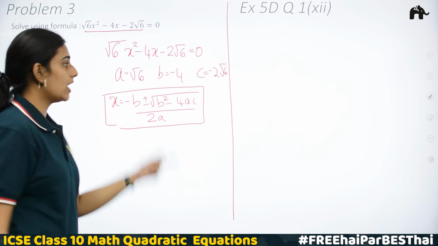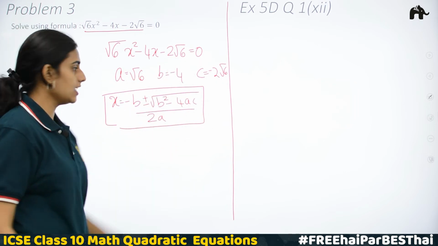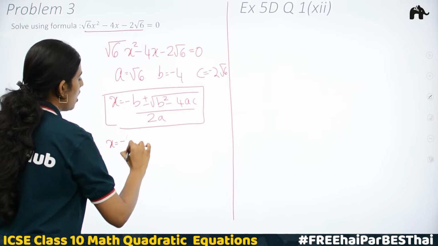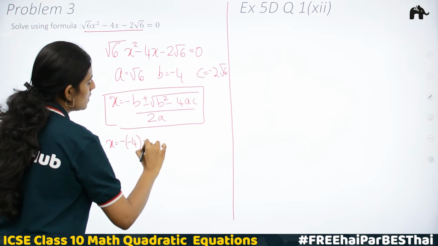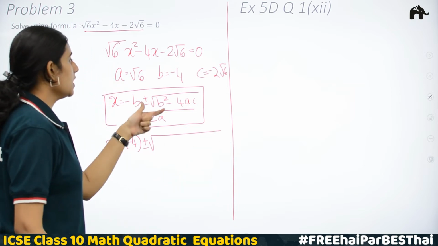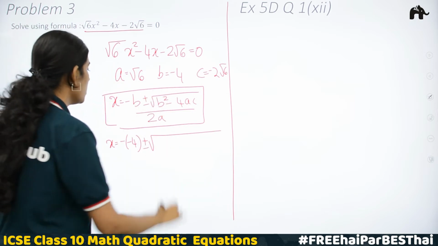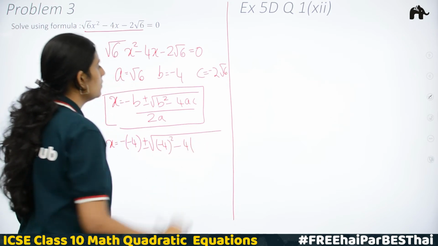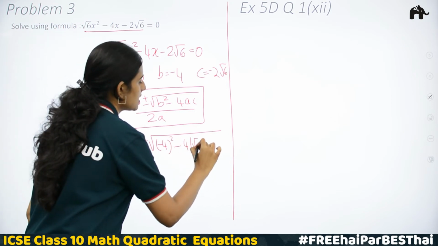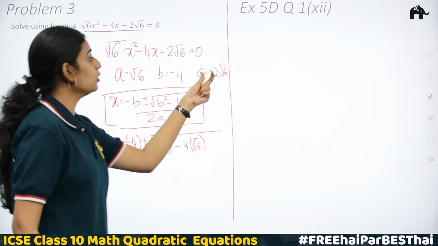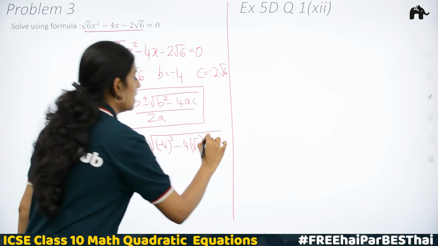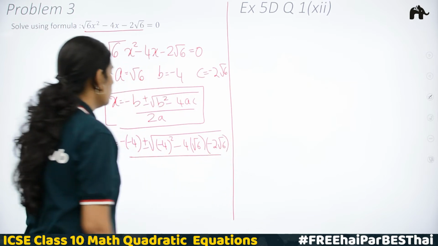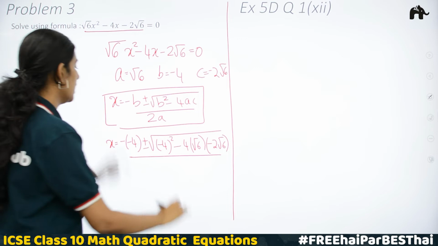Just substitute the values of A, B and C. X is equal to minus of minus 4 plus or minus root of minus 4 whole square, minus 4 into A is equal to root 6 and C is equal to minus 2 root 6, whole divided by 2A, that is 2 root 6.